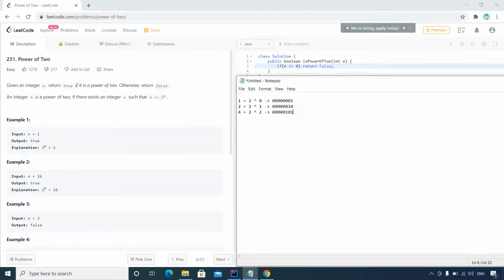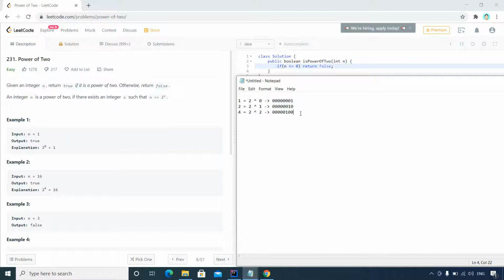So there are two ones, that's why it is not a power of 2. So we can write an algorithm to check every bit in the binary representation, and if there is a 1, we count it. If after checking there is more than one, then we return false. If there is only one, then we return true. It's one solution, but there is a more effective solution.